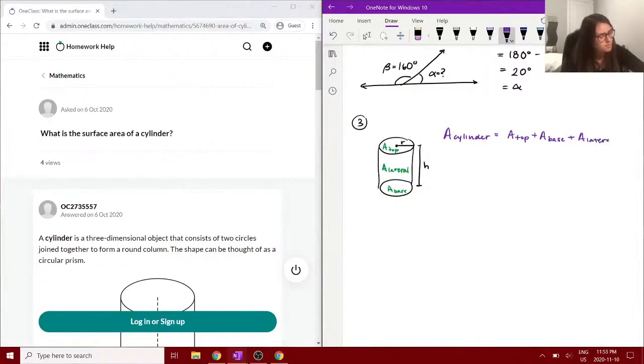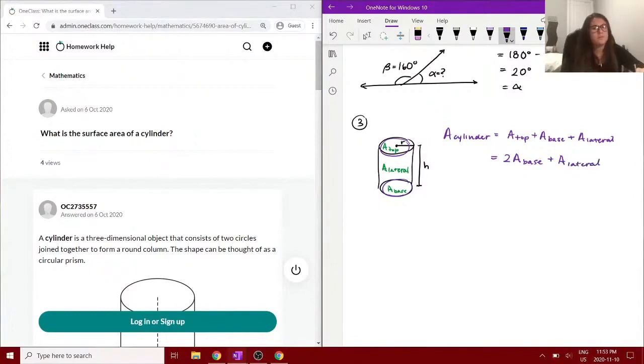Since the top and the bottom are the same, we can write 2 times the base plus the area of the lateral surface.